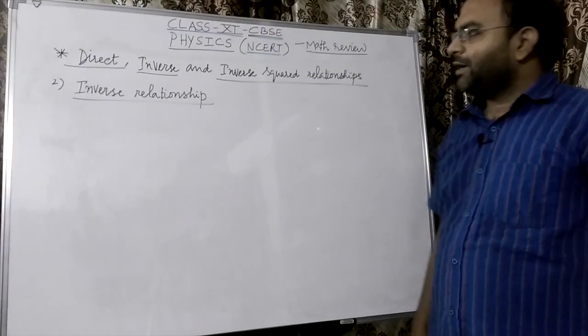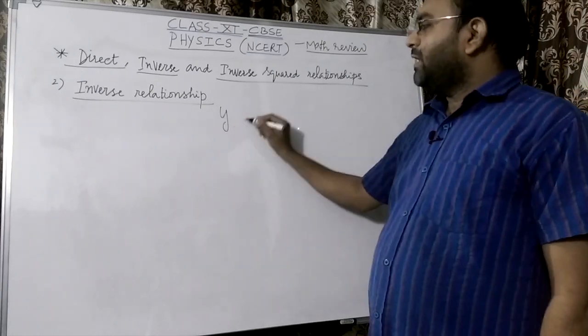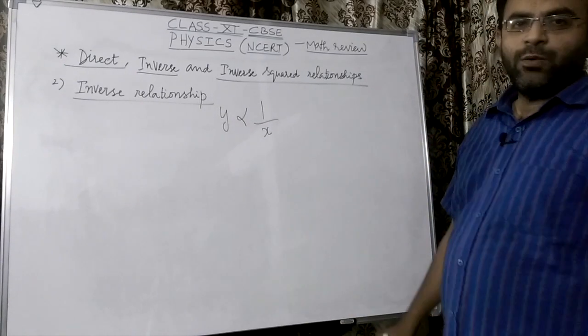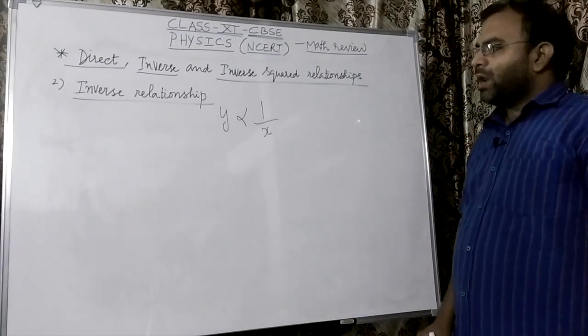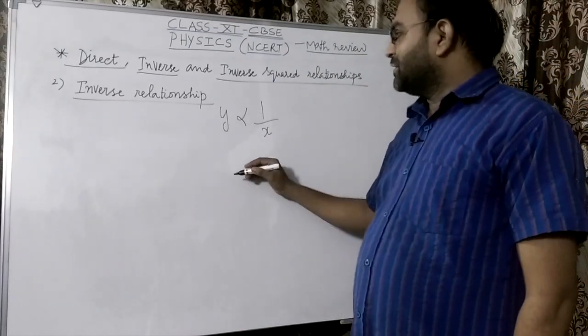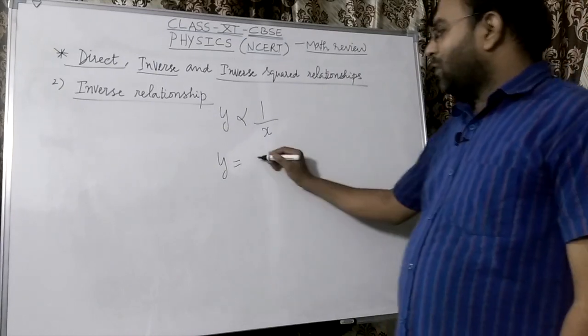Next, we'll discuss what is an inverse relationship. A quantity y, let us say, is proportional to the inverse of another quantity x, then we say y is proportional to 1 over x. Now, this is an example of an inverse relationship. This can also be expressed as an equation with a constant k.